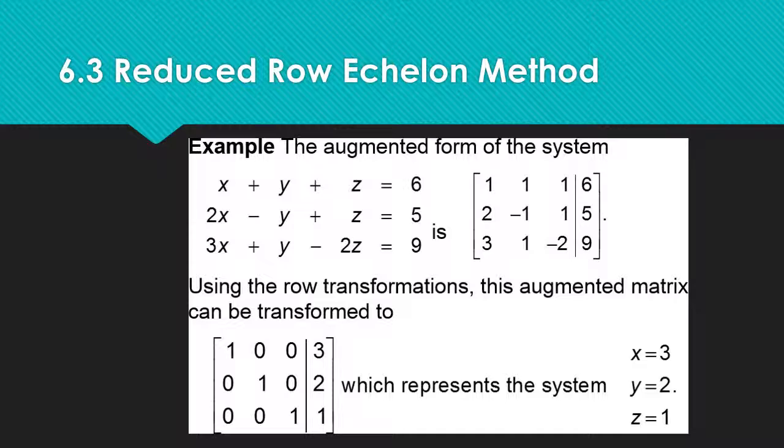And when you look at that, in the top row you have 1 in the place of the x, and the answer for x is 3. You have 1 in the column for y, and then go all the way across and you get 2, and then z is 1. So the advantage to this is that once you've gotten it in this form, you don't have any additional solving to do. You know what x, y, and z are.